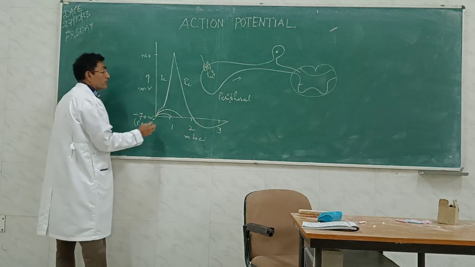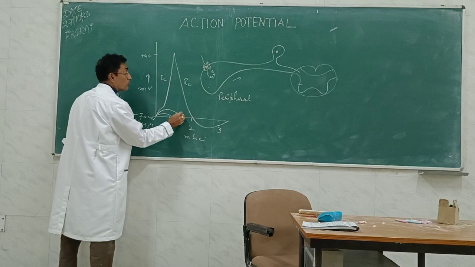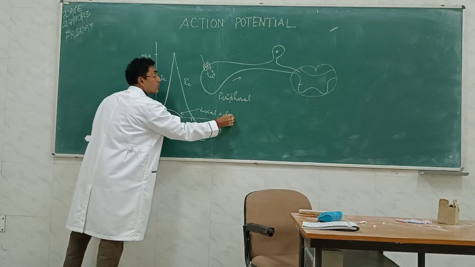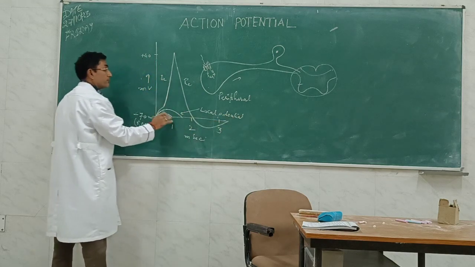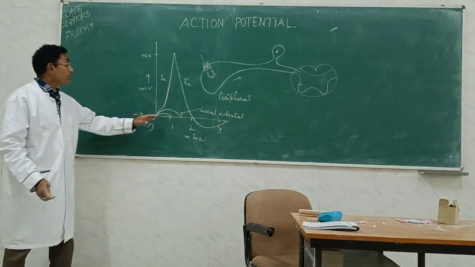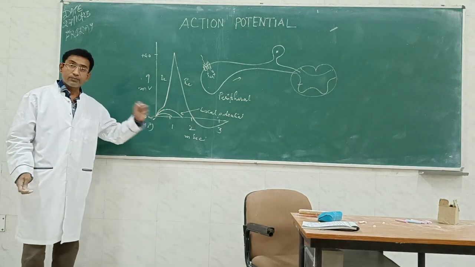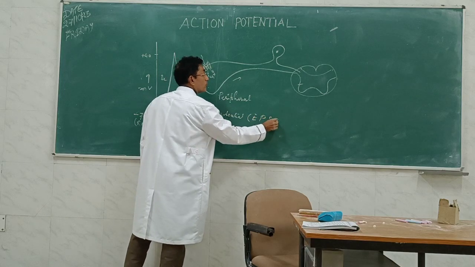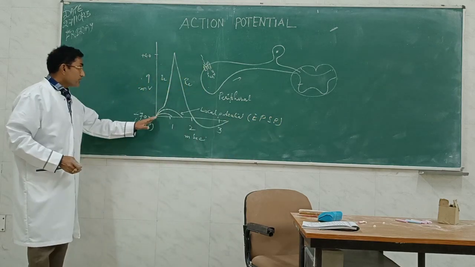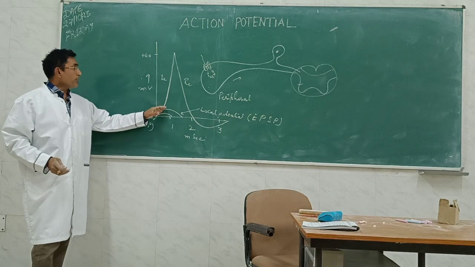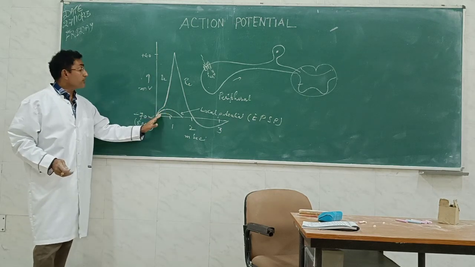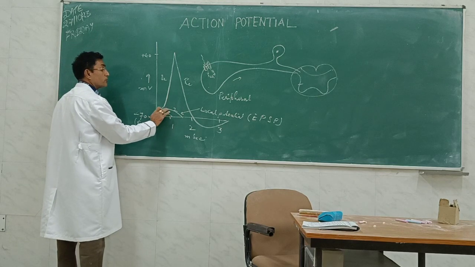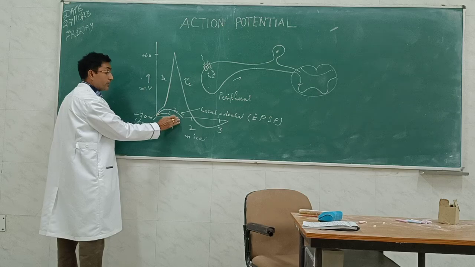This potential is called local potential, or graded potential, or we can say it is excitatory post-synaptic potential. Although it is excitatory, in this case there is no generation of action potential. If you look at graph 1, graph 2, there is no action potential. This is a local potential.